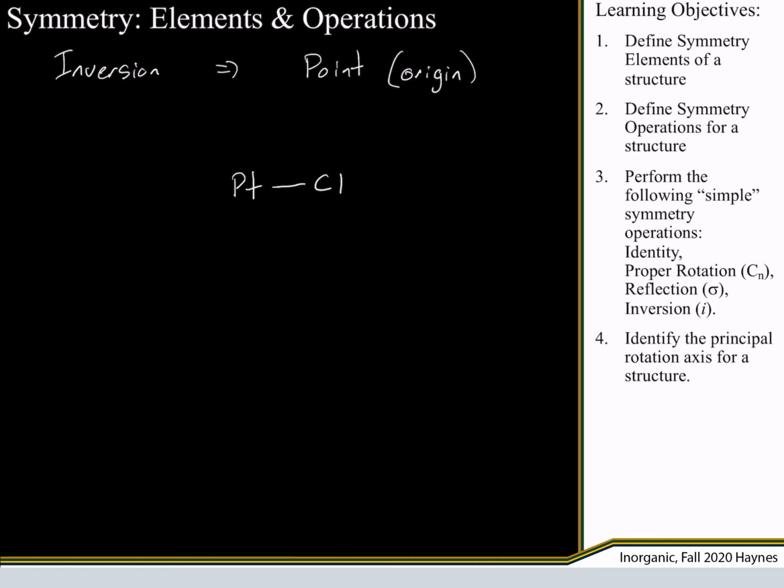So we draw out our molecule. Our origin is at the center of our platinum here. For an inversion, each one of our atoms travels through the origin and out the other side an equal distance.